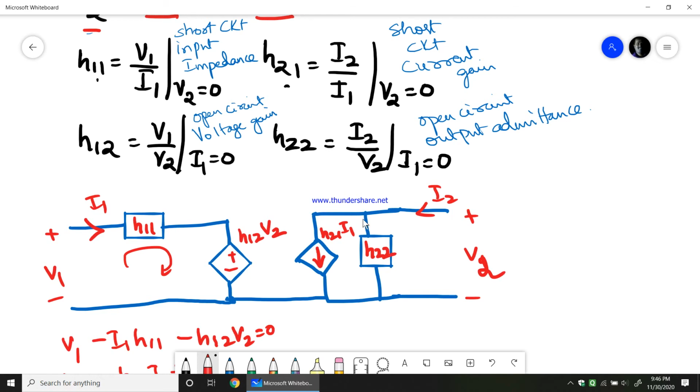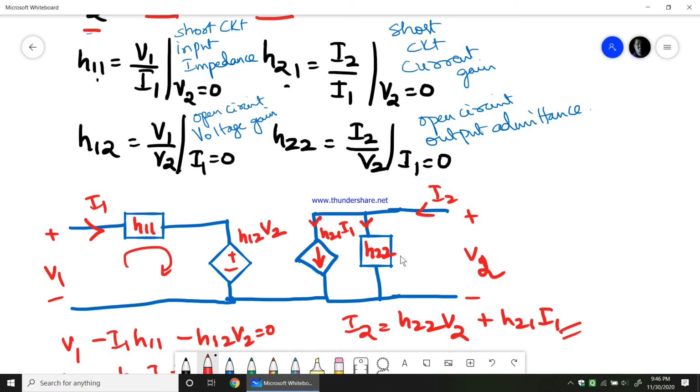Now you see, I2 equals the summation of these two currents. Therefore I2 would be equal to H22 into the voltage across H22, which is nothing but V2, plus this current source H21 I1. So this is the second equation of the H parameters. Therefore this is the circuit for H parameters that we write.